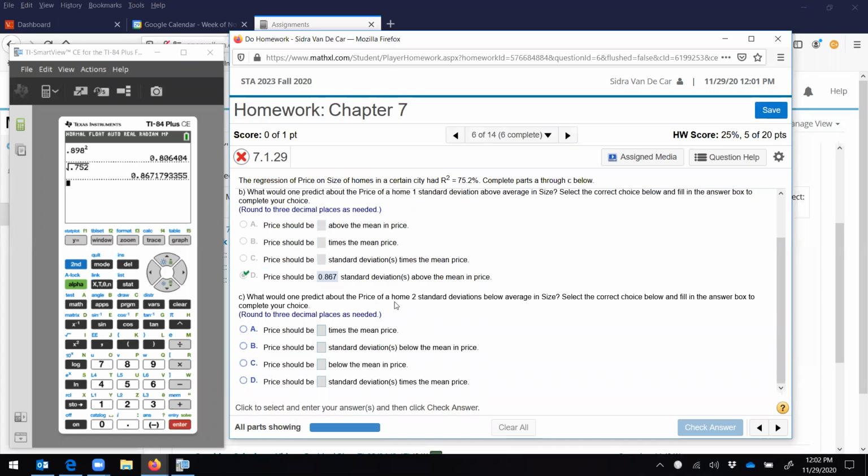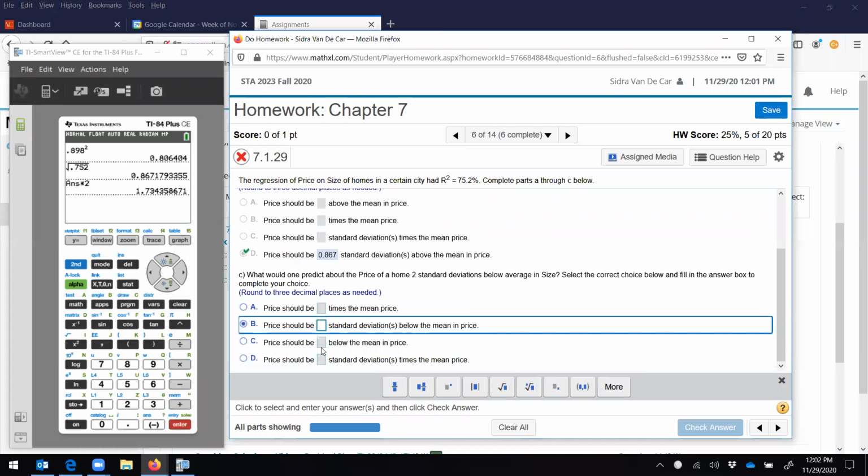What would one predict about the price of a home two standard deviations below average in size? So times 2. Below the mean, so 1.734.